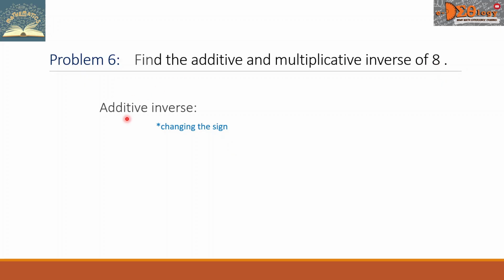That means for the additive inverse, it is negative 8. For multiplicative inverse, we are going to take the reciprocal of the number 8. For this 8 as a whole number, there is a denominator of 1. So that means for this multiplicative inverse, it is equal to 1 over 8.